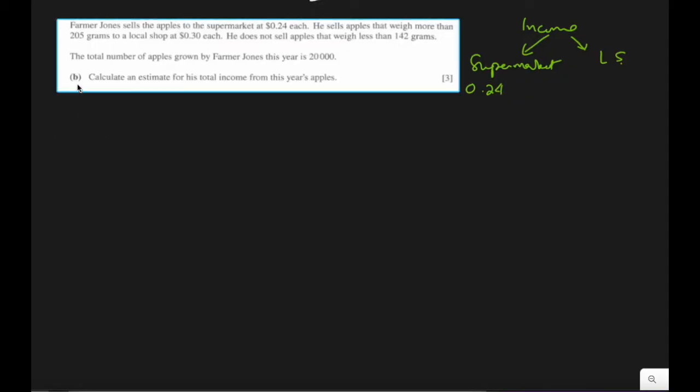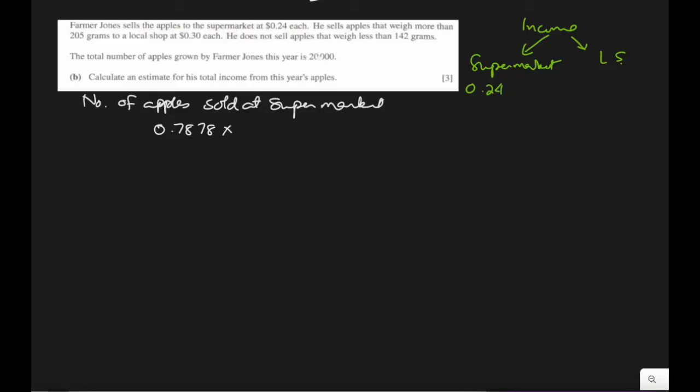So the number of apples sold at the supermarket will be 0.7878 times the total number, 20,000, right?